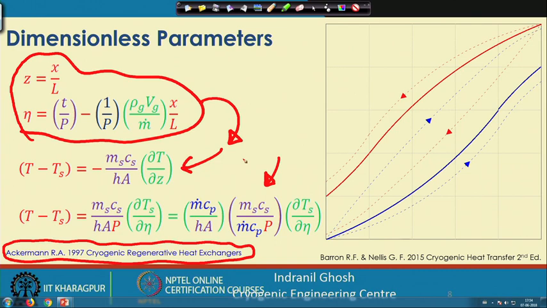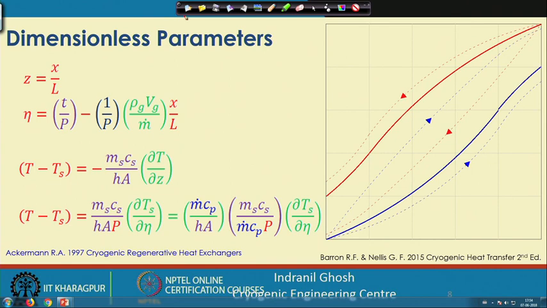But if we look at the solution of an ideal regenerator, we find how the temperature and distance relation would be for the cold fluid or the matrix at the beginning and at the end of the cycle.